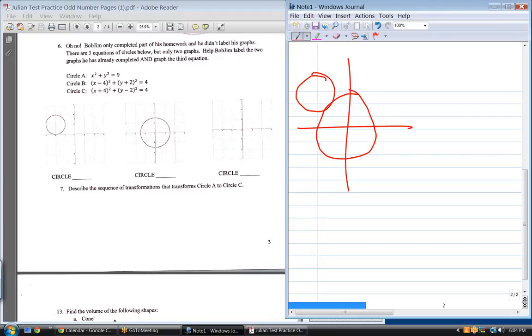Or a dilation is really what it's called. It's a dilation by 3/2, because you're going from a radius of 3 to a radius of 2. So it's not 3/2, it's a dilation by 2/3. That's what it would be. Very good.